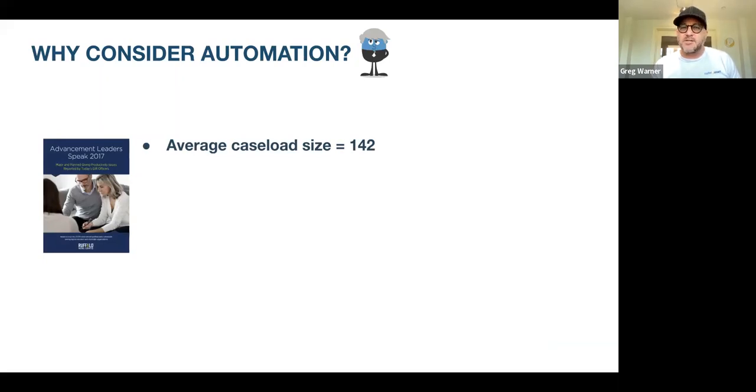What they found, and it's been confirmed over the past few years by me and my staff, is that the average caseload for major gift officers, and sometimes including legacy gift caseloads, although they're slightly different, is about 142 people. Now, the study also found that only about half receive personal visits from a gift officer.